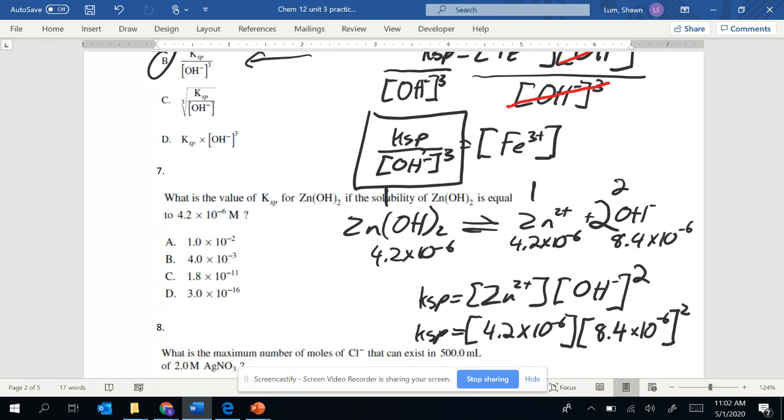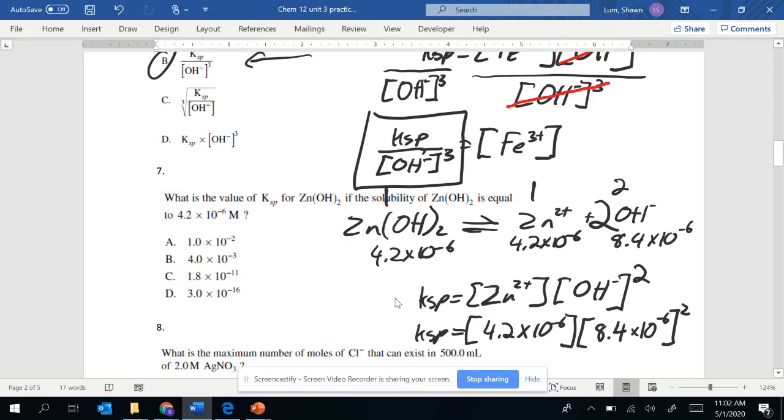Okay. So I'm going to plug that into my calculator. I'm going to go 8.4 times 10 to the minus 6 squared equals 7.056 times 10 to the minus 11. And I have to multiply that, so times 4.2 times 10 to the minus 6 equals, and I get 2.96.